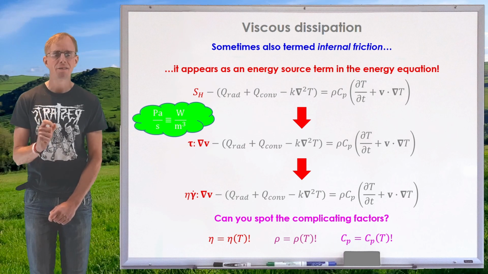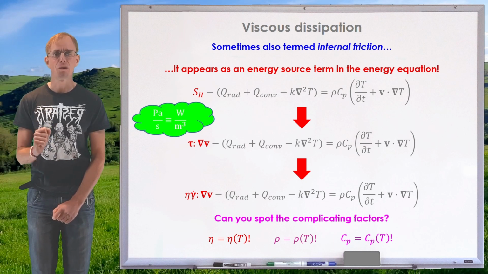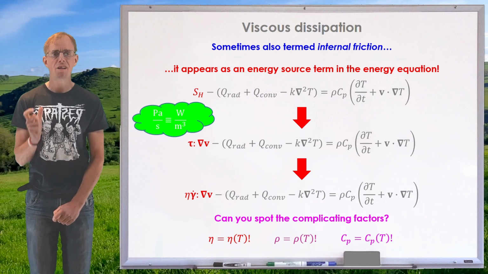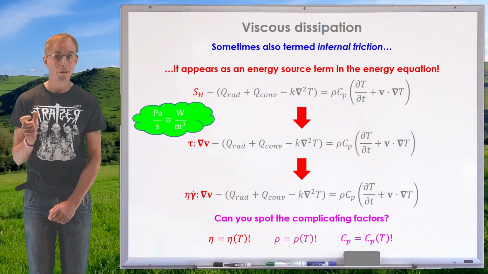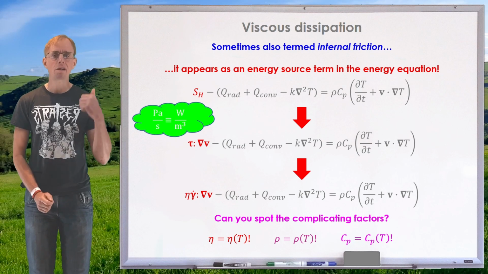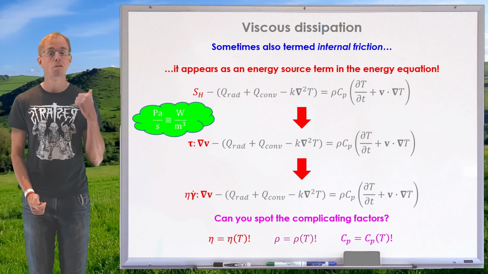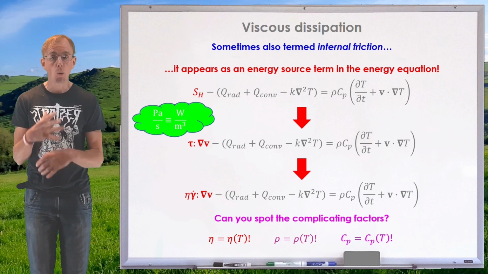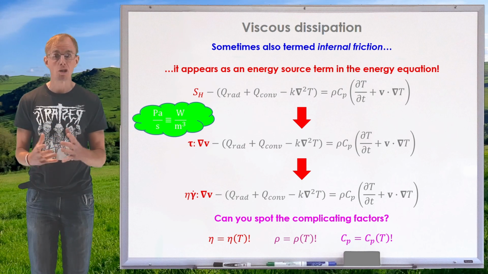And that term only becomes relevant at high viscosity, but as we generate heat, typically viscosity will drop. And so we've actually got a very, very coupled equation here where we need to be able to describe the temperature dependence of viscosity accurately in order to solve viscous dissipation within the energy transport equation.